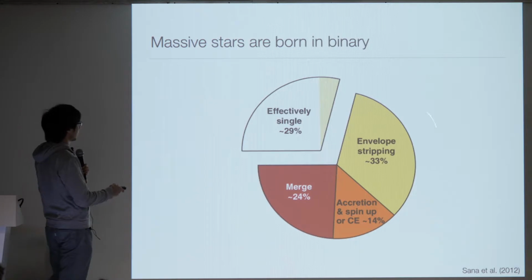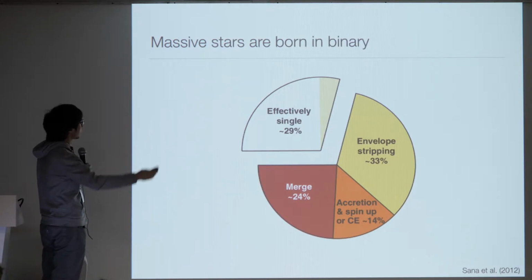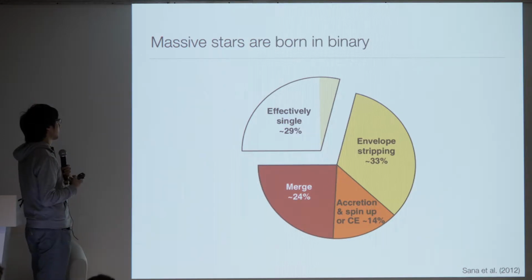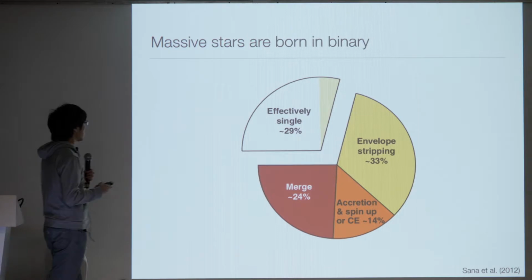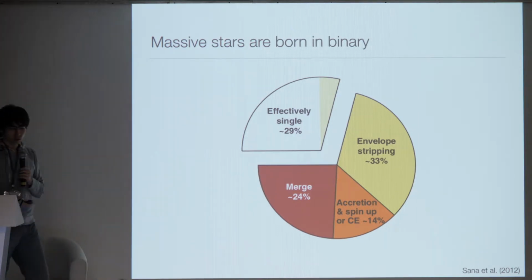I will explain in more detail. For some stars, the envelope may be stripped because of the presence of the companion star. Some of them may merge, and some of them have a different effect.